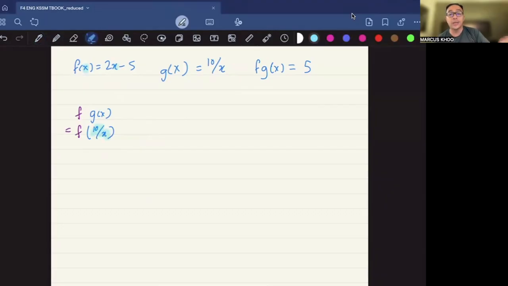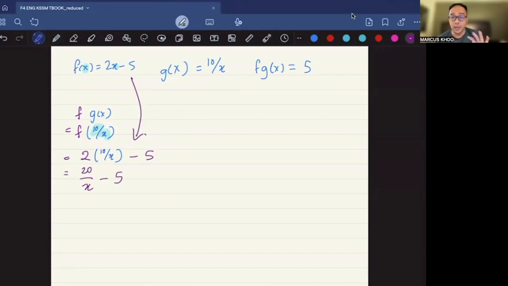Put the object into where the object is supposed to be put. So you will get 2, and then your object is 10 over x, minus 5. I'm taking this from here. So you will get 20 over x minus 5. You can leave it like that. I think that's fine.